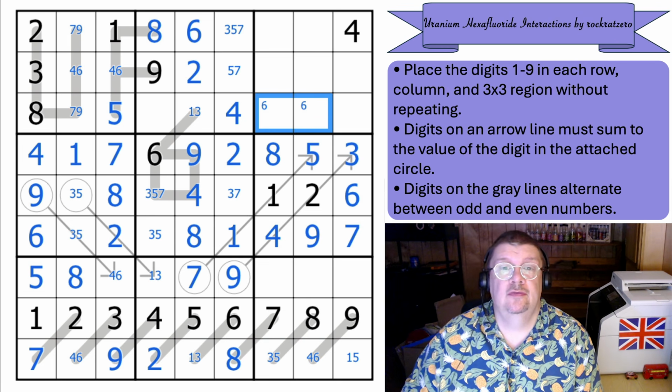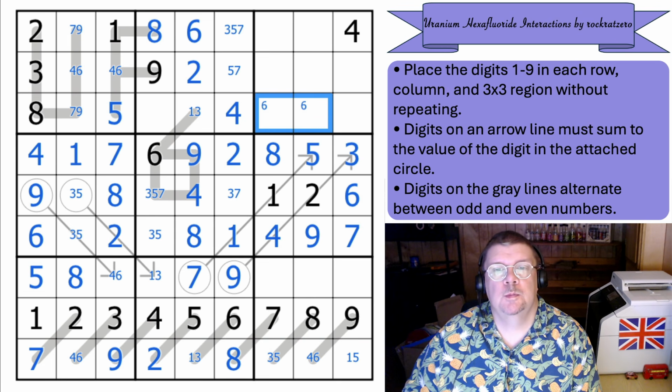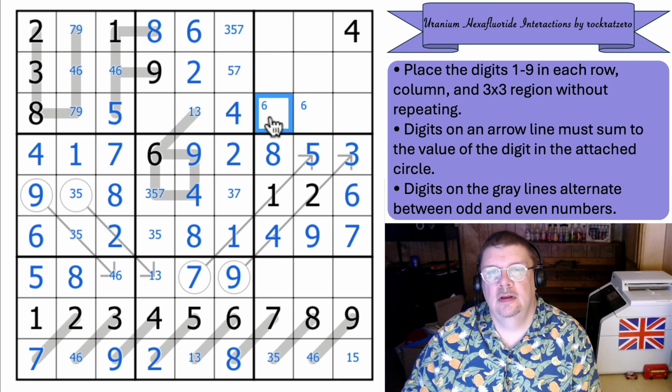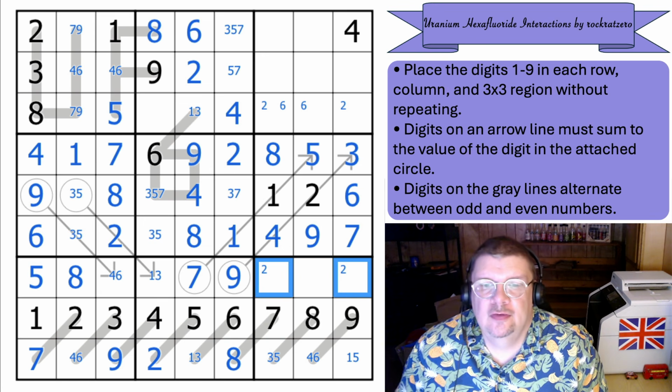Six is in one of those two. Nine in the top row still has a couple of places. Okay. Two must be in one of those two.